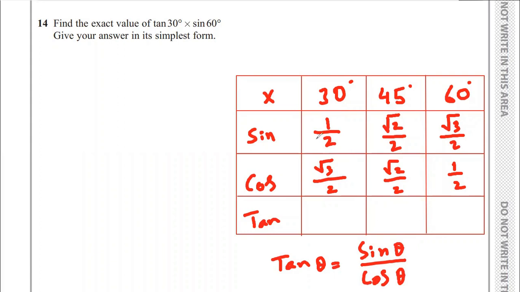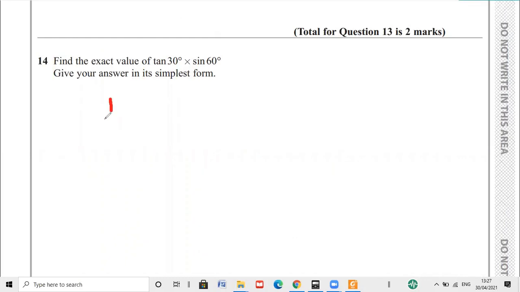So a half divided by root 3 over 2 will give me 1 over root 3. Again, for tan 45, sine 45 and cos 45 are exactly the same, so it would be 1. And for tan 60, we do sine divided by cos. So root 3 over 2 divided by 1 over 2 will just give me root 3.